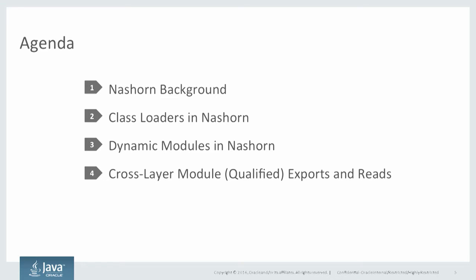There are various kinds of class loaders in Nashorn. That sort of continues the intro. And then we get to the really interesting bits in the section about dynamic modules and cross-layer exporting and reading. That's where module creation at runtime and how modules make it possible to isolate bits and pieces dynamically at runtime from each other will be covered.